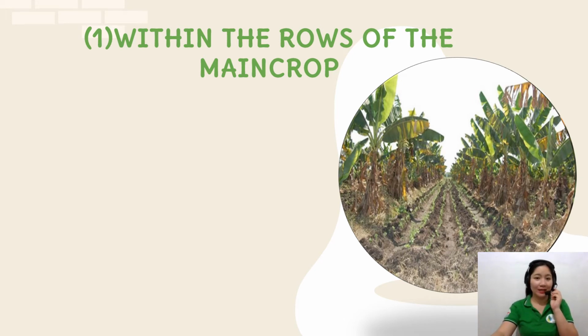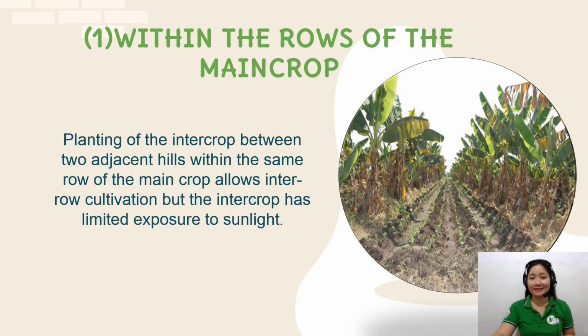Planting of the intercrop between two adjacent hills within the same row of the main crop allows inter-row cultivation, class, but the intercrop has limited exposure to sunlight, of course. This is exemplified by the planting of peanut or mung bean between corn plants within the same row, or two coffee plants that are 3 meters apart between coconut plants.